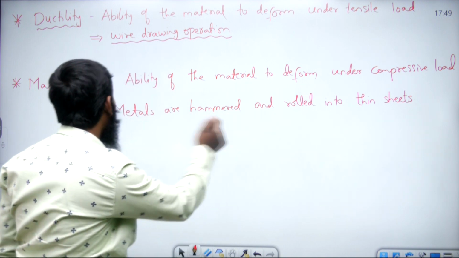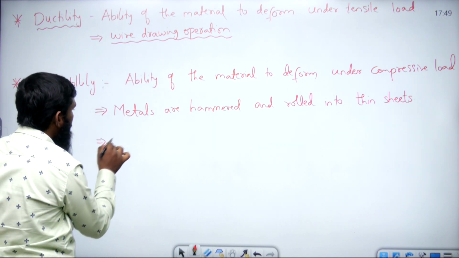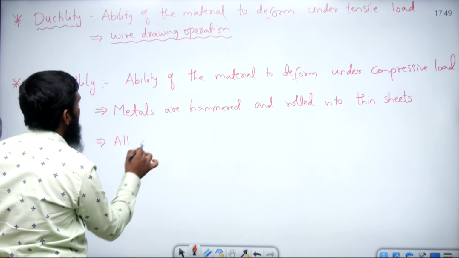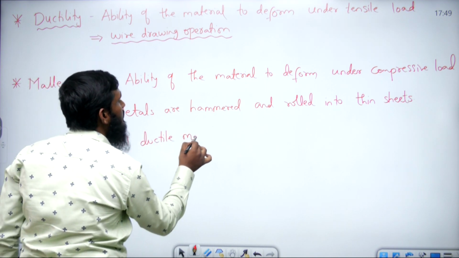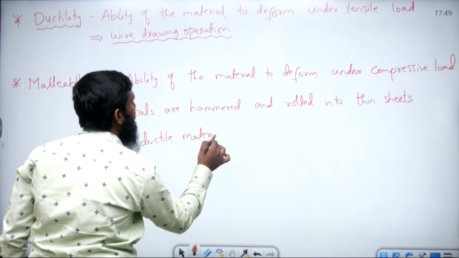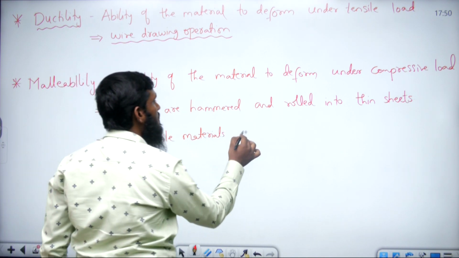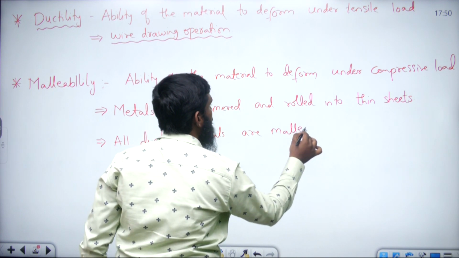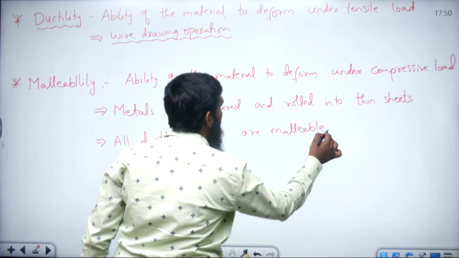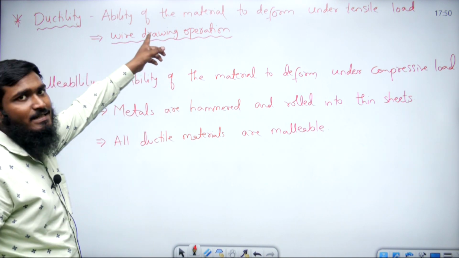And one more point we can write over here: all ductile materials are malleable, because we are having these ductile materials.